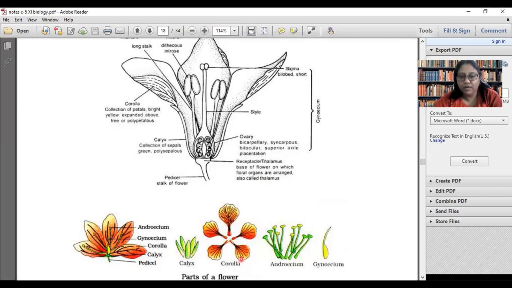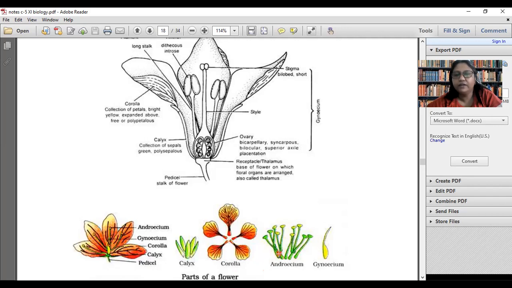These are corolla. Corolla are also known as petals, and then is sepal. These are the parts of calyx which are called sepals. So sepals are part of calyx, petals are part of corolla. Now what are these things?